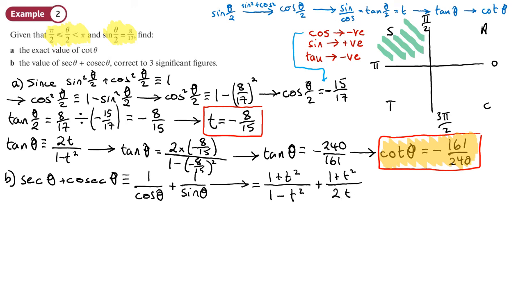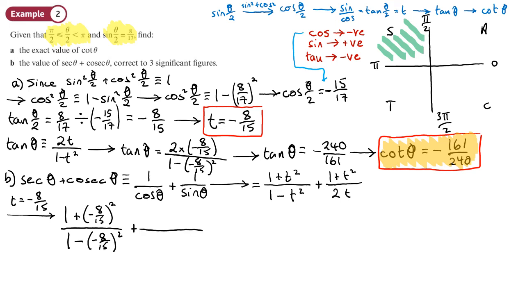Okay, now the rest is just putting in our value of t of negative 8 over 15. So it will be 1 plus negative 8 over 15 squared over 1 minus negative 8 over 15 squared plus, and then it's going to be the same up here, 1 plus negative 8 over 15 squared, then at the bottom 2 times negative 8 over 15.